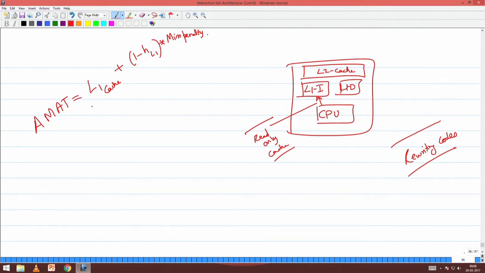We derived this, do you remember? How did we derive this? Raghav? What probability? Hit ratio into L1 cache time plus miss.